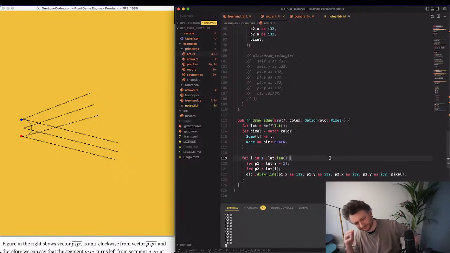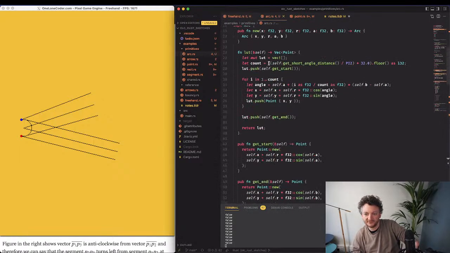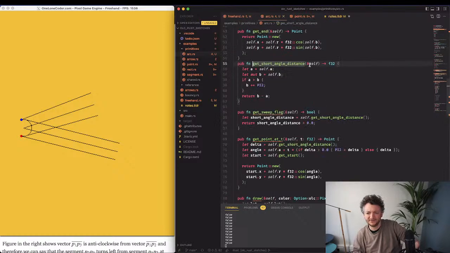Hold on a second. It would be when I'm getting the lookup table. Because if it's the short, oh, hold on a second. Sweep.